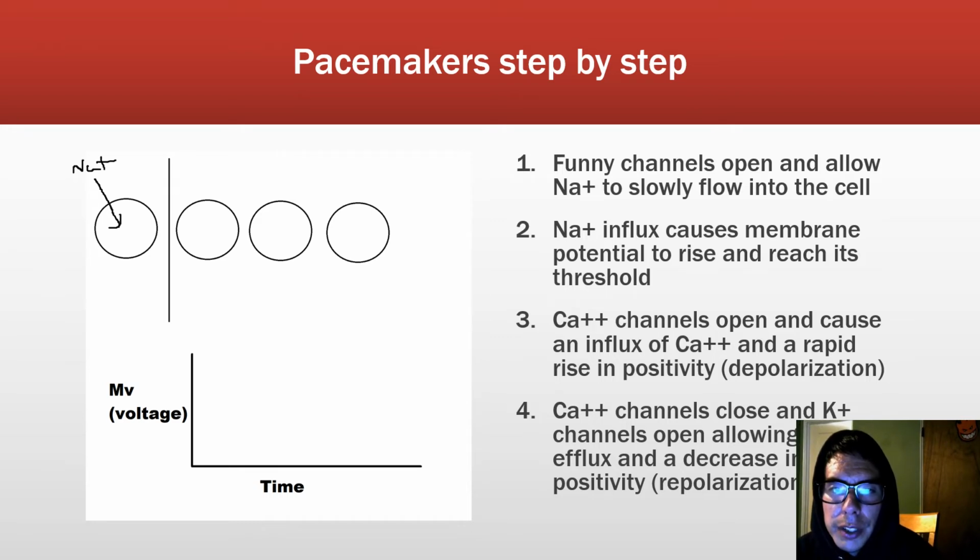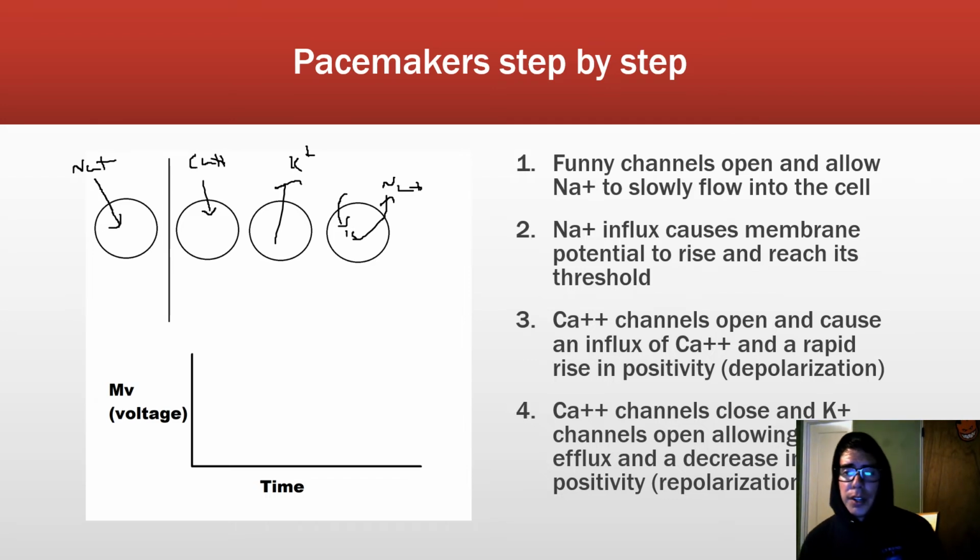Then shortly after we have an influx of calcium through calcium channels. Then once those close, we have an efflux of potassium, and eventually we have the efflux of sodium and influx of potassium, which returns everything to its polarized state.